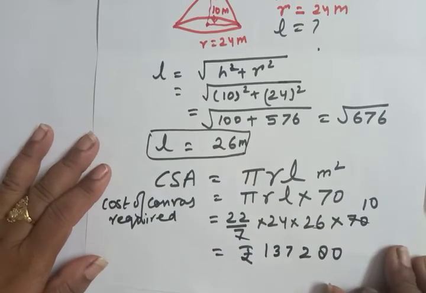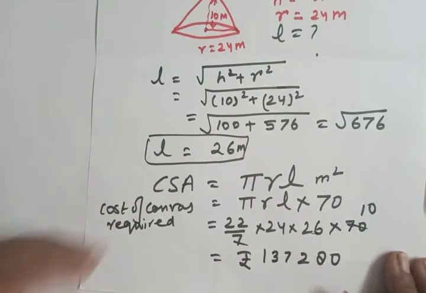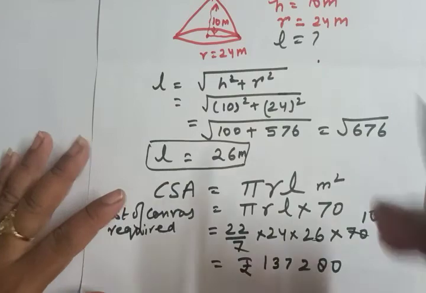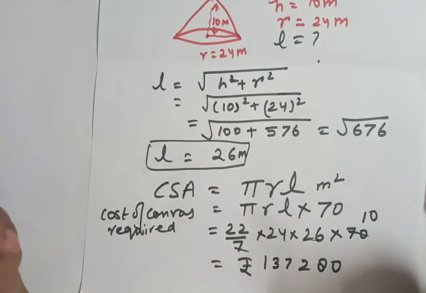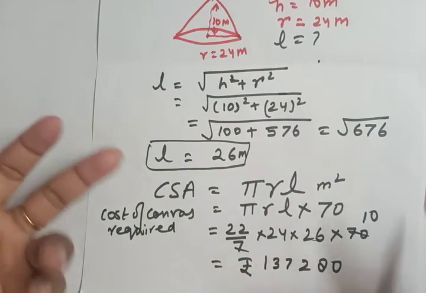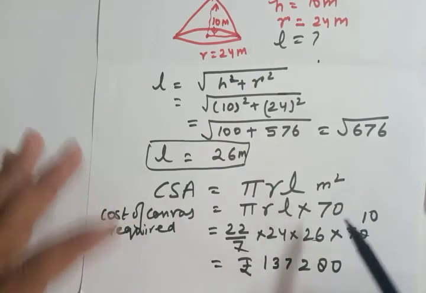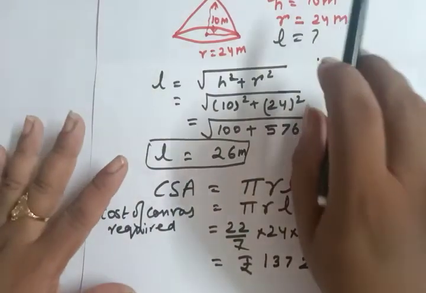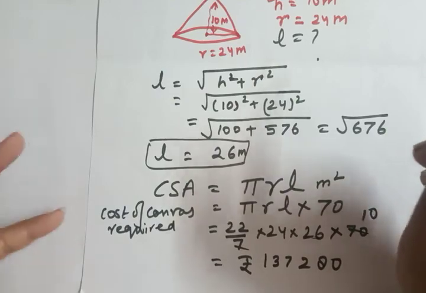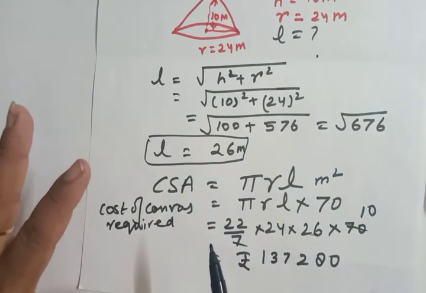Whenever we need to find out the cost, first of all we find the surface area, that is the curved surface area or total surface area according to the question, and then we need to multiply by the cost, if it is given for 1 meter square, or if it is given for 100 meter square it is of a few rupees. According to the question, it is always given for the meter square, suppose 100 meter square, suppose 1000 meter square, in rupees, and then we have to find out the surface area first.